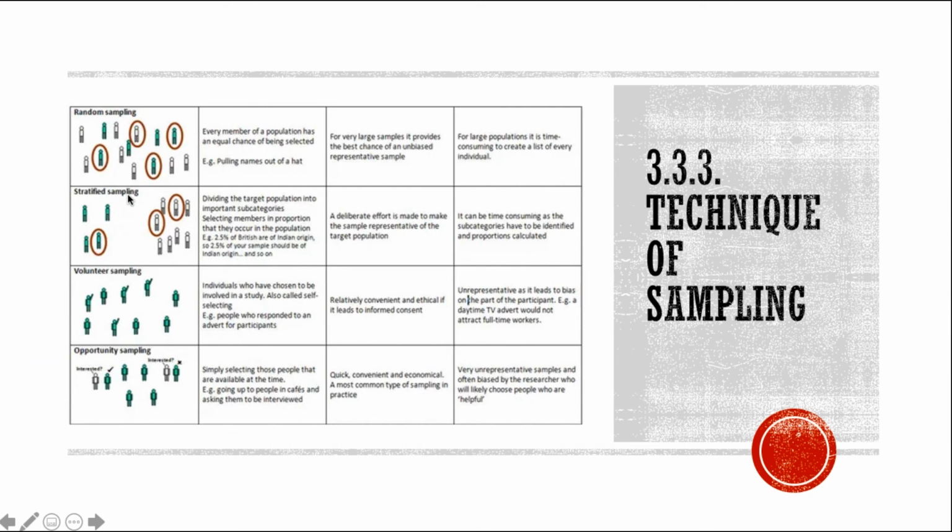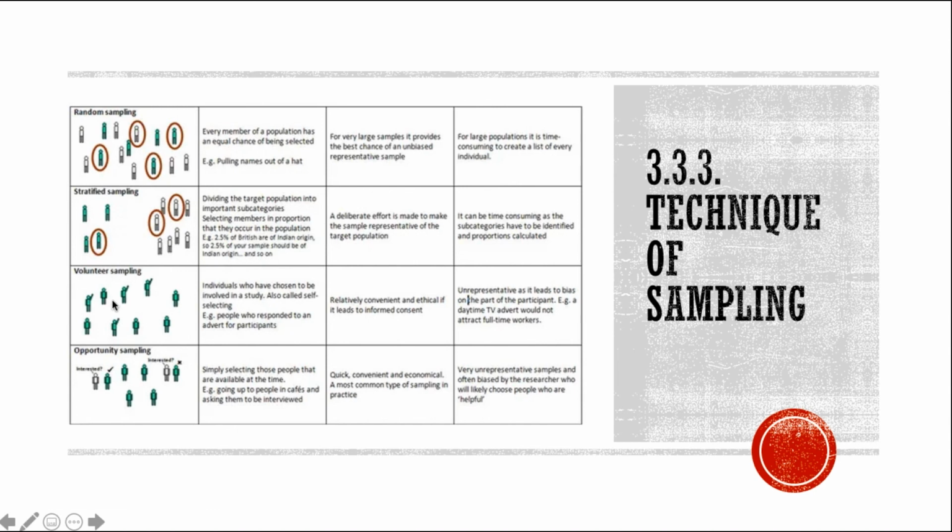You divide the target population as a whole into subgroups, then from those subgroups you choose samples. For example, you divide the target population into important subcategories, selecting members in the proportion that they occur in the population. For example, if 2.5% of British are of Indian origin, then 2.5% of your sample should be of Indian origin, and so on.